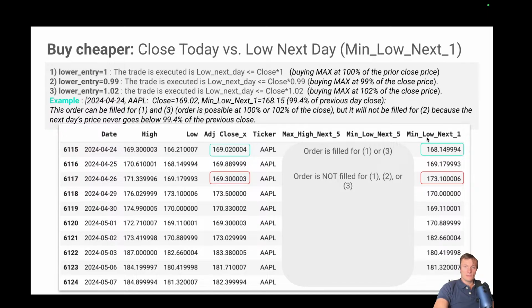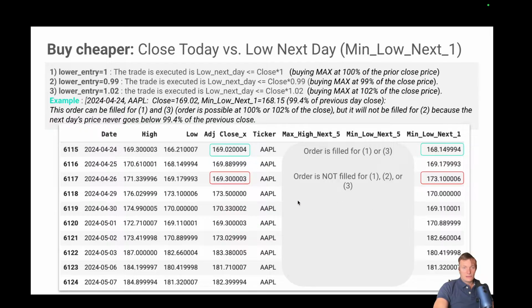That's why it's called min_low_next_1, and the minimum value is 168. So your order will be filled for 169, or if you're ready to pay 2% higher than 169, that is 173. But if you want to buy it 1% cheaper, roughly $1.7 cheaper than 169, you won't find any fills on the next day, because the lowest price was only 168.